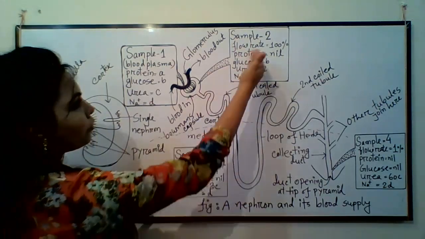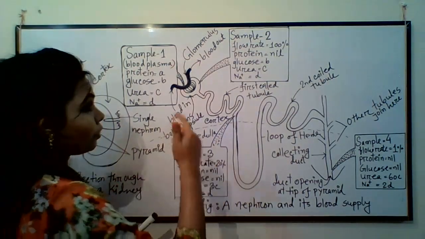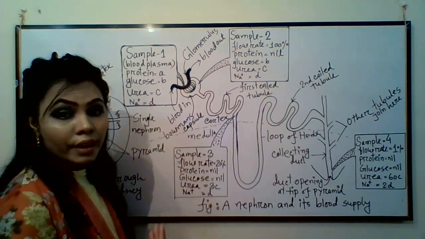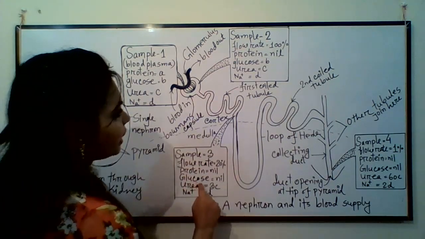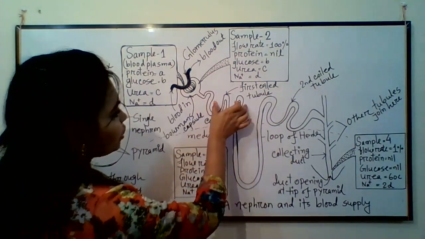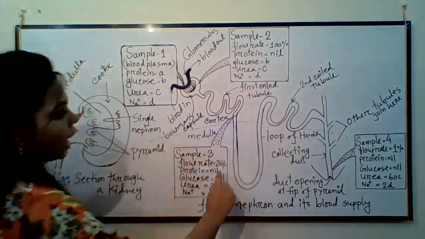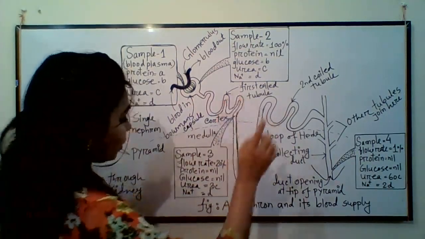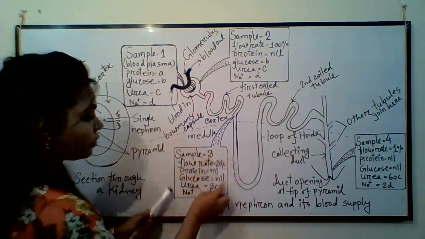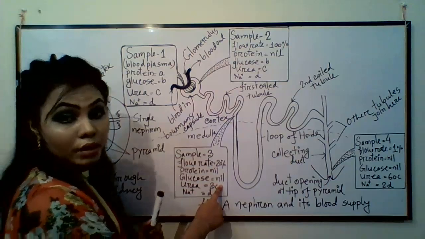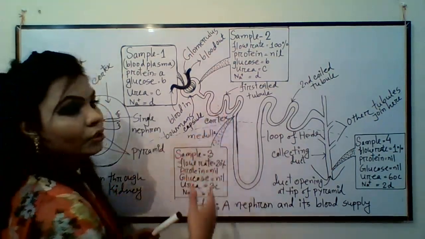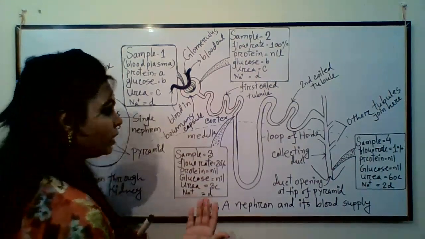Now look at sample 3. In sample 3, the flow rate is 20%, falling down from 100%. That means 80% of water is reabsorbed. This is first coil tubule, second coil tubule. One thing is that in sample 3 the glucose concentration is 0, because in the first coil tubule, the glucose is taken back into the blood.